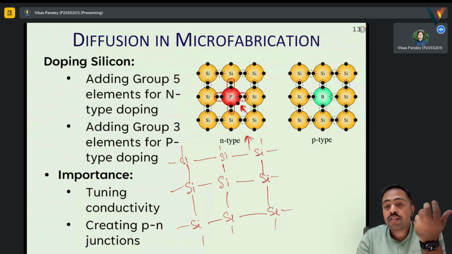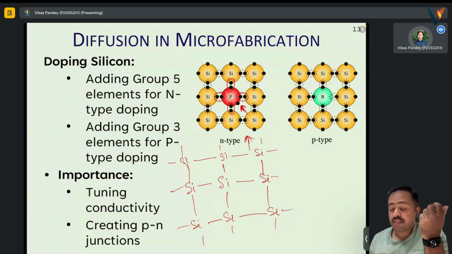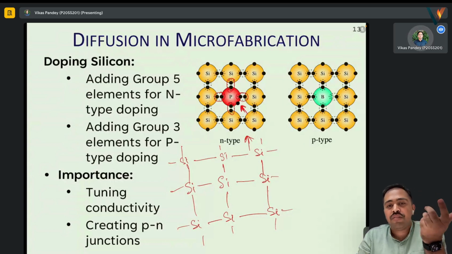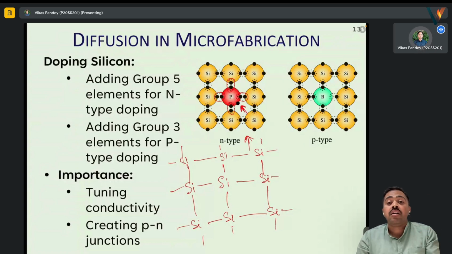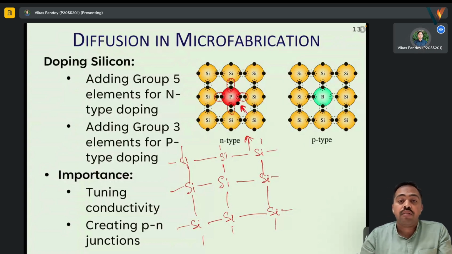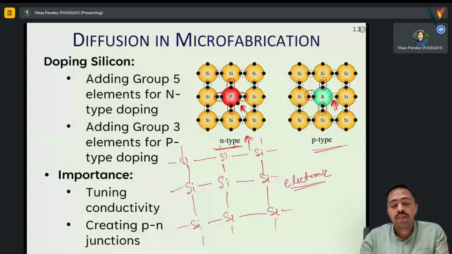And that's why it is called p-type, since it has fewer electrons than required. So we represent it by positive. Okay, this is important to change the conductivity of the material, for tuning the conductivity of the semiconductor.